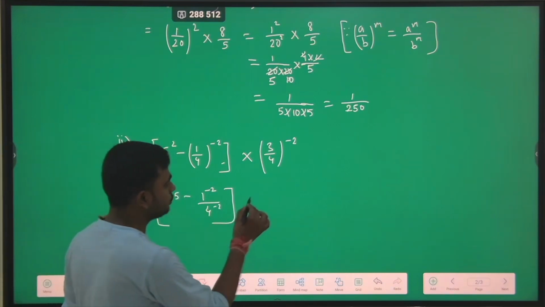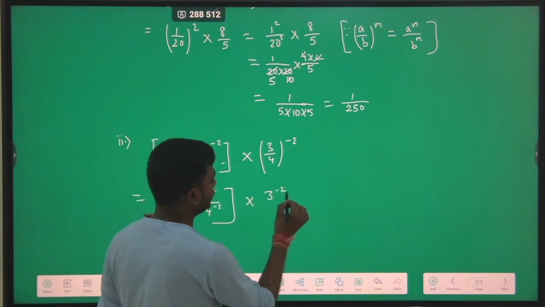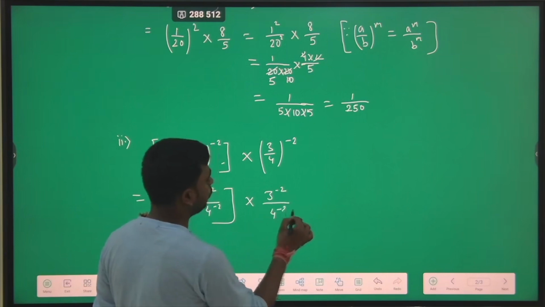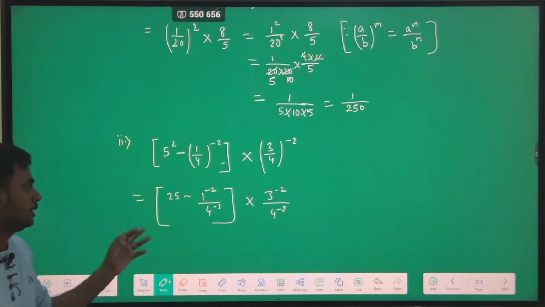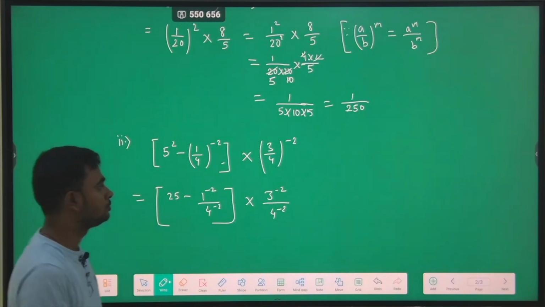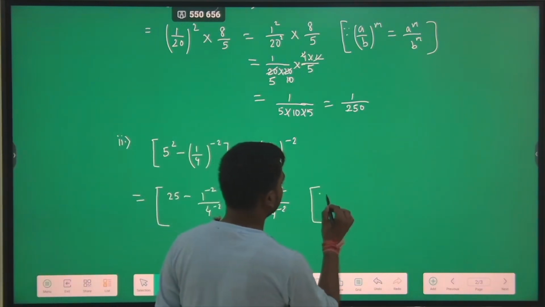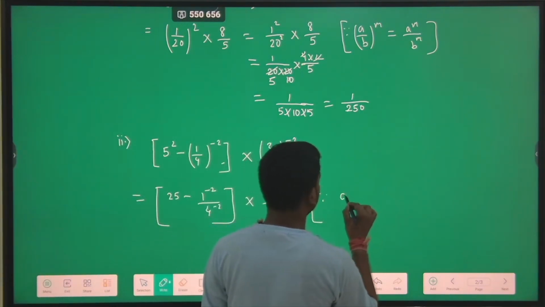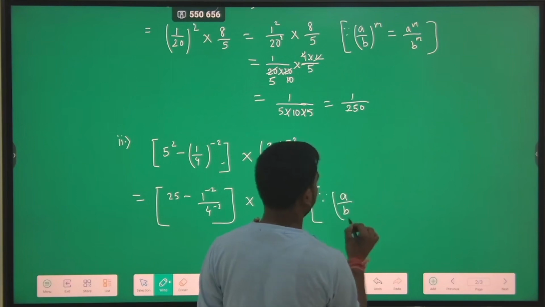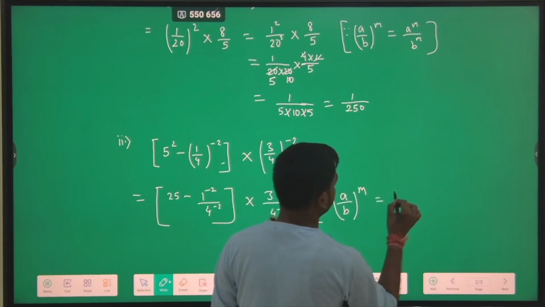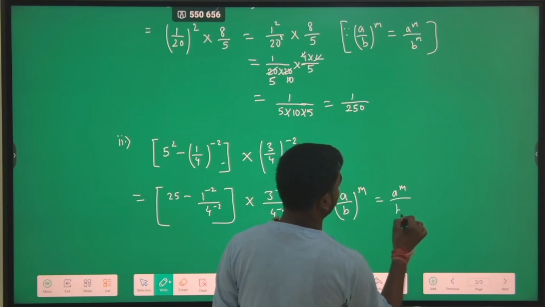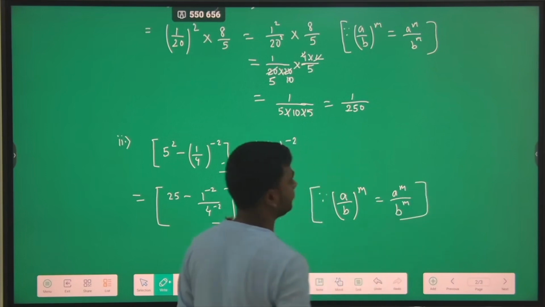And this will be 3 to the power minus 2 divided by 4 to the power minus 2. Is this correct? Now, what property have we used? We have used (a by b) to the power m is equal to a to the power m divided by b to the power m.